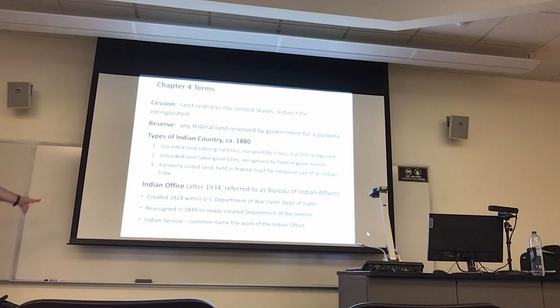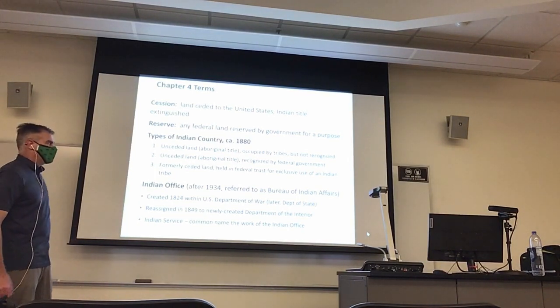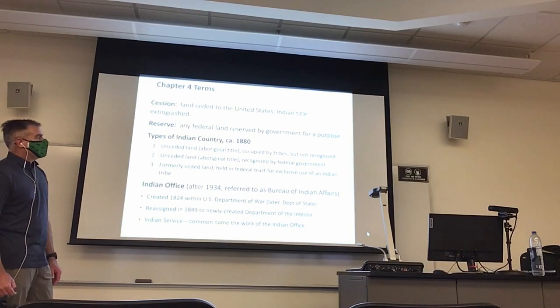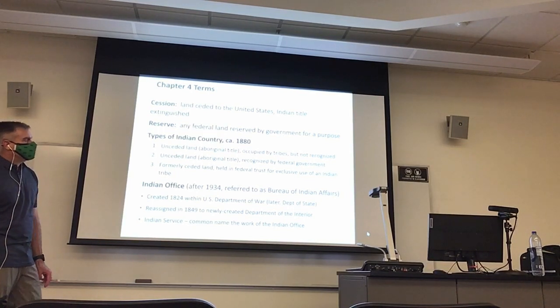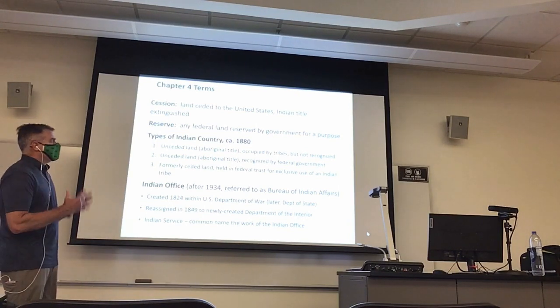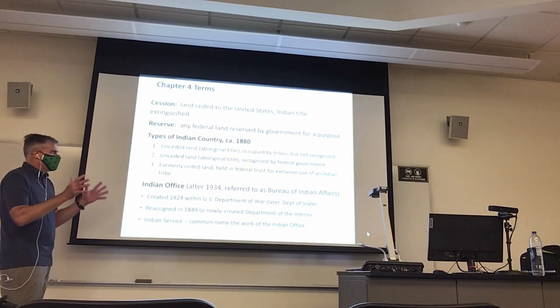There certainly were reservations established earlier than that, at least 50 years earlier. And there would continue to be reservations created after 1880. And in the 1930s, even land was added to certain Indian reservations. So 1880 is just kind of in the middle of this.